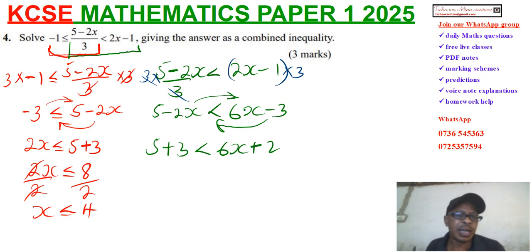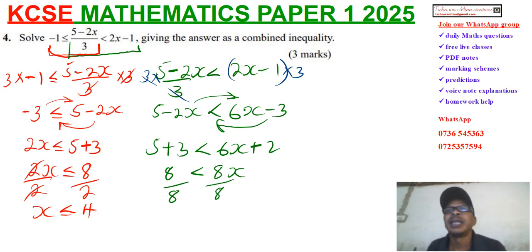And that will give us 8 less than 8x. Divide both sides by 8, and finally we have x greater than 1.